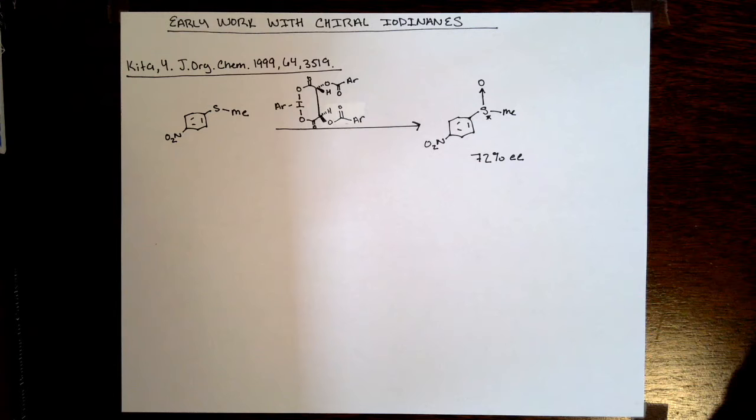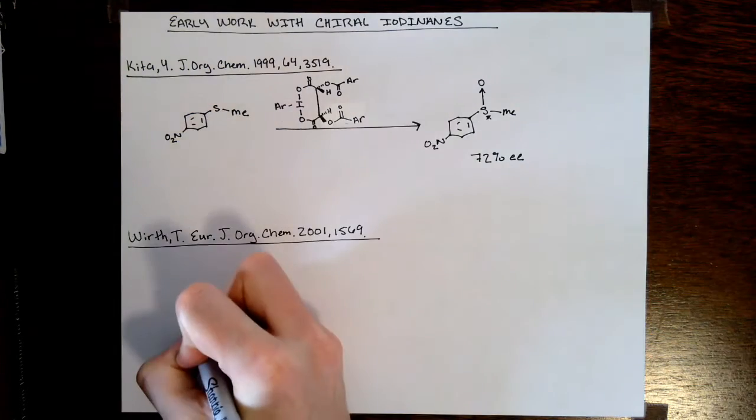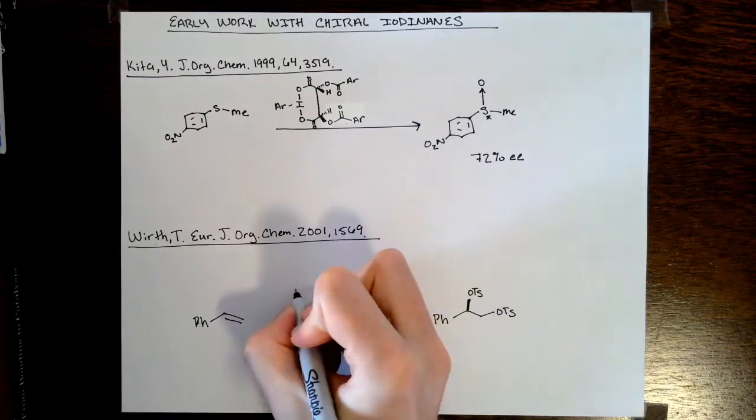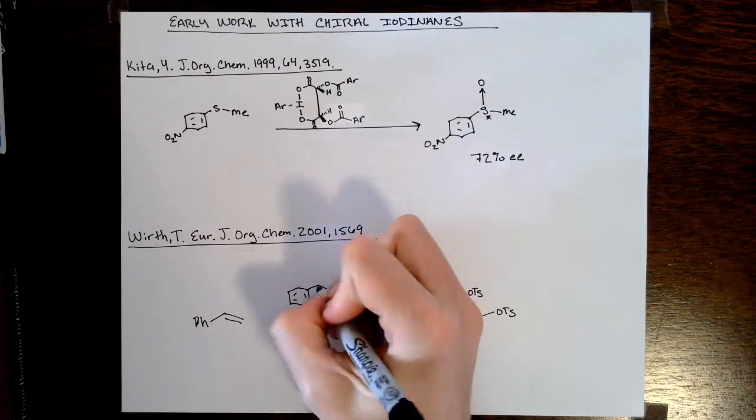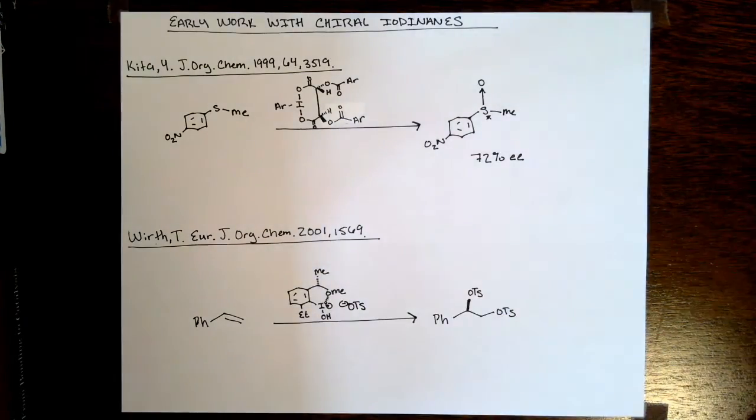There are a bunch of these different stoichiometric reactions. I think the most pertinent to the reaction today was a dioxytosylation reaction that was developed by Wirth in 2001, basically using similar iodoarenes to what we are using now, or what Jacobsen has used for this reaction as well. Basically what they did is a 1,2-dioxytosylation of styrene.